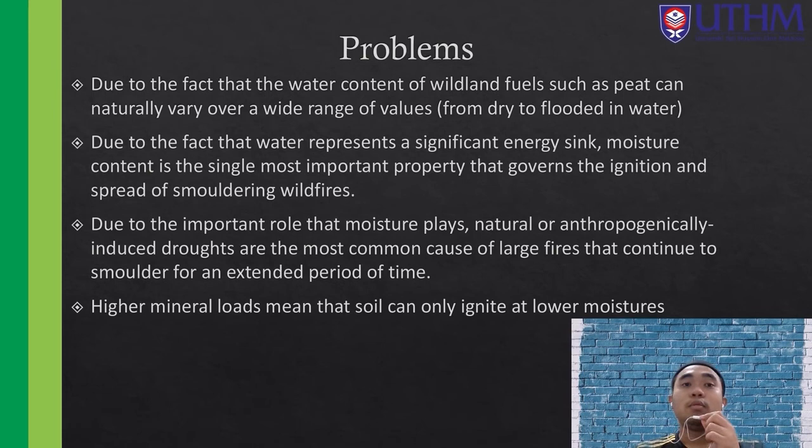Third, due to the important role that moisture plays, natural or anthropogenically induced droughts are the most common cause of large fires that continue to smolder for an extended period of time. Fourth, higher mineral loads mean that soil can only ignite at lower moistures.